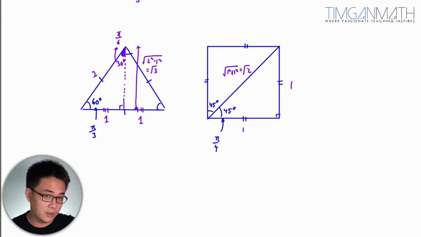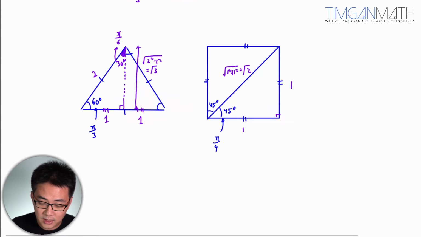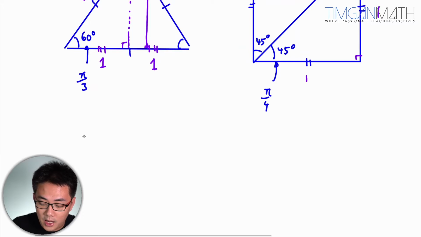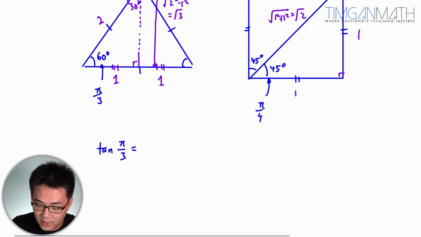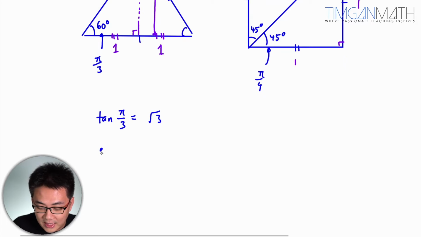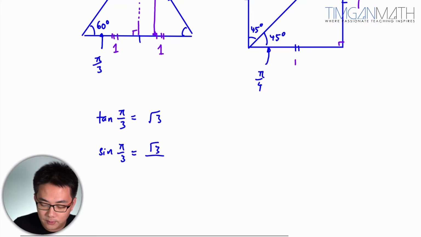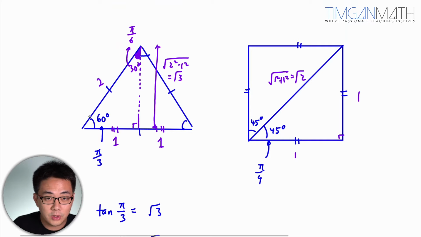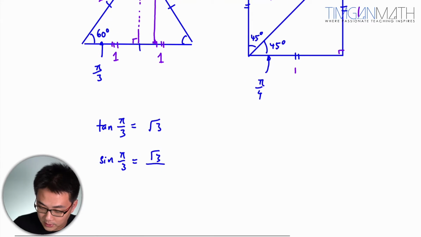Now there you go, this is fixed. What we're going to do next is put tangent pi over 3, which is 60 degrees. I'm just using radians, okay? Get yourself familiarized with radians. So root 3 over 1, opposite over adjacent, would be your tangent.